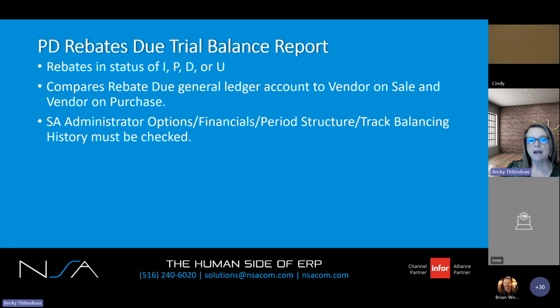So it compares that rebates due general ledger account to whatever is left on the vendor on sale and vendor on purchase. If you go into AO options under your financials and your period structure and have it turned on to track balance and history, you can run this as a balancing report every night and it will keep track of it. It's one of the ones we recommend for balancing, along with all the other trial balances, and it will give you all your rebate totals.